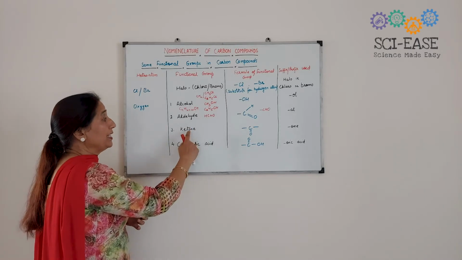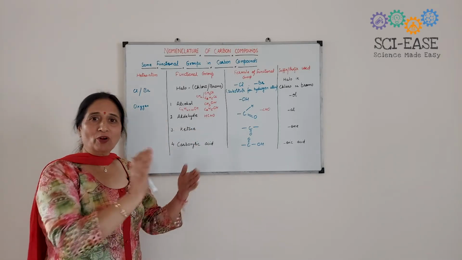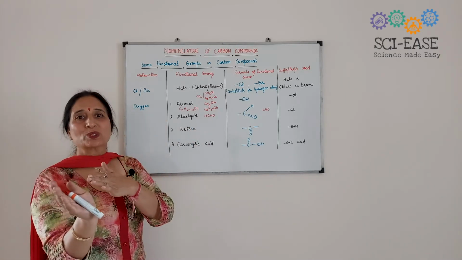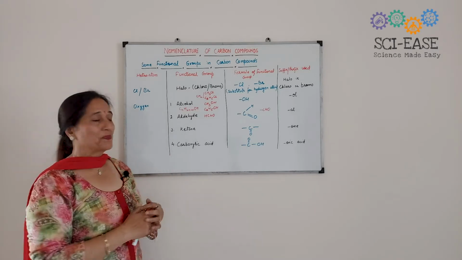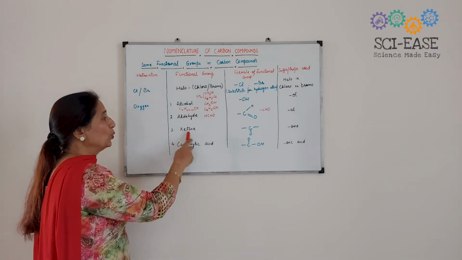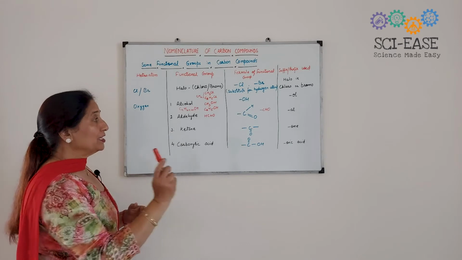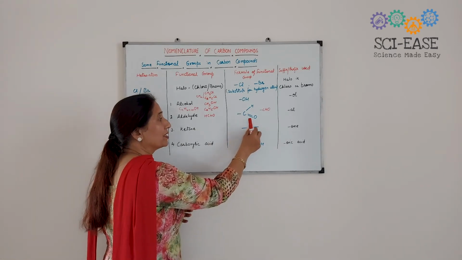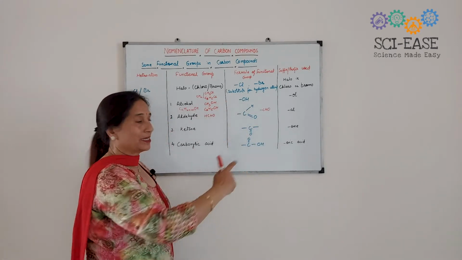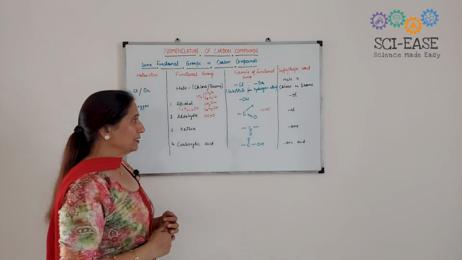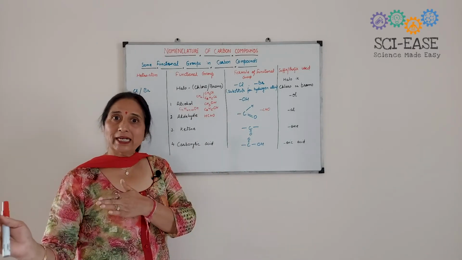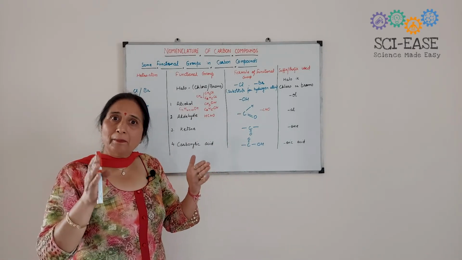So next, we always study aldehydes with ketones also. We always compare them. Now ketone. Ketone can't be at the end. Here also a carbonyl group is there, but this is not at the end. It's always in the middle.